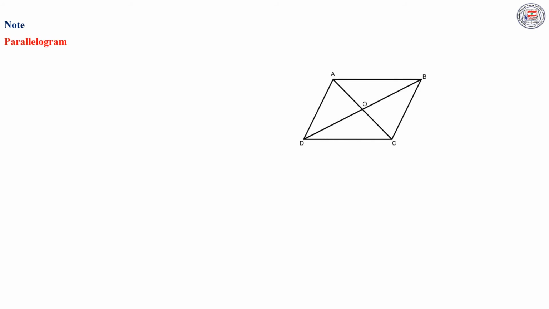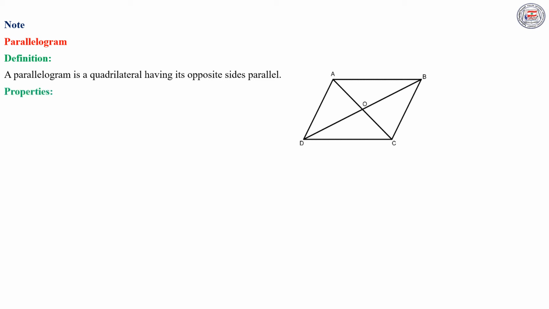Before we continue with part 3, we have to take another note concerning the parallelogram. By definition, a parallelogram is a quadrilateral having its opposite sides parallel. The properties of the parallelogram are: the opposite sides are parallel, that means AB is parallel to CD and AD is parallel to BC.